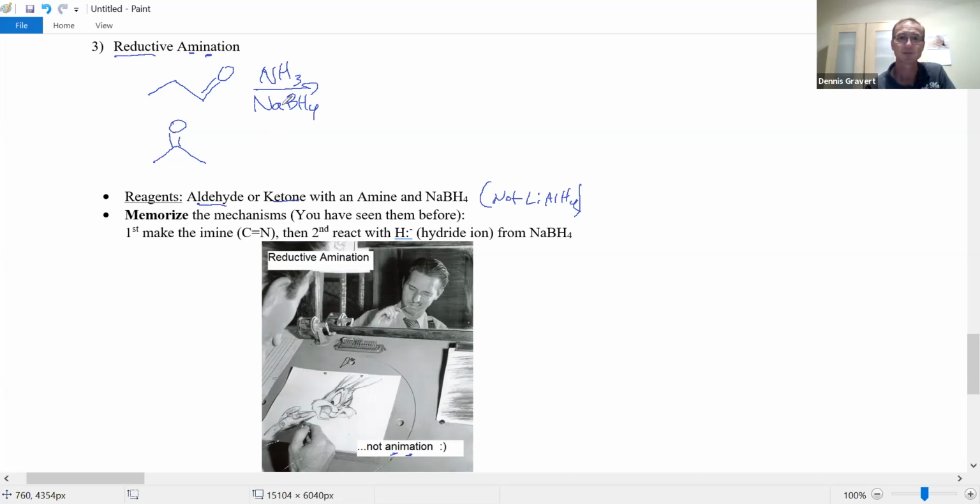And you don't have to use ammonia. You can use a primary amine. You can also use a secondary amine, and you can use either aldehyde or ketone with it.